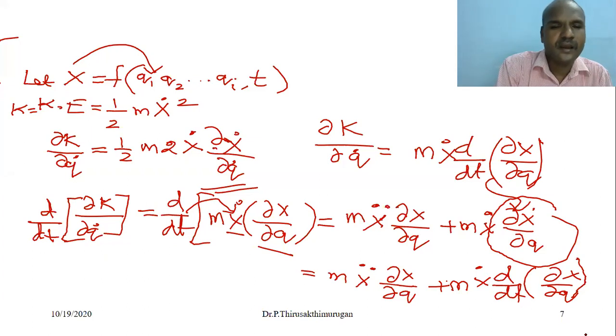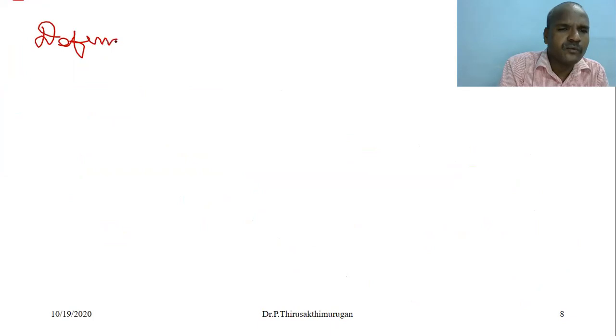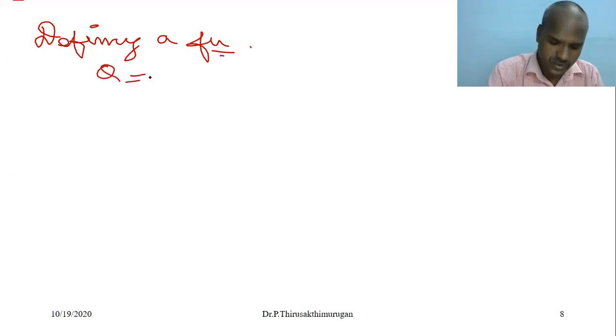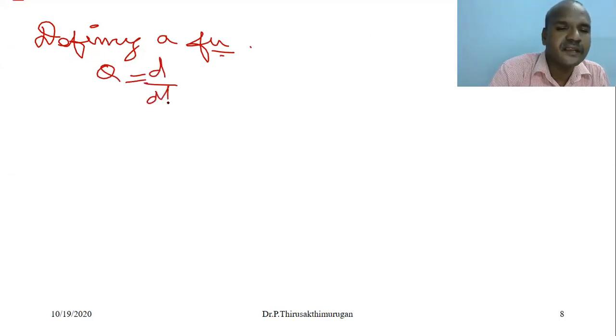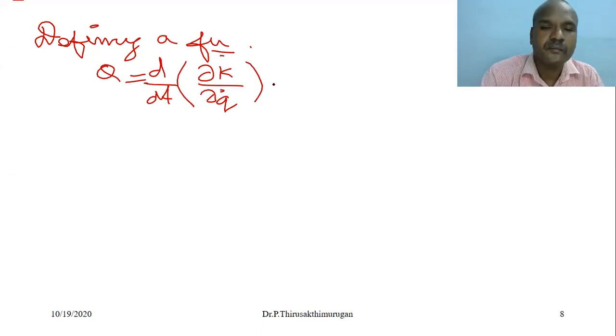Now I am going to define a new function, say Q. By defining a function Q equal to d by dt of dou K by dou q dot minus dou K by dou q.